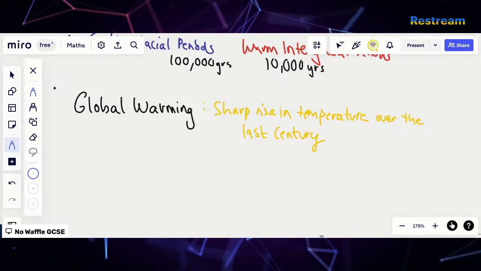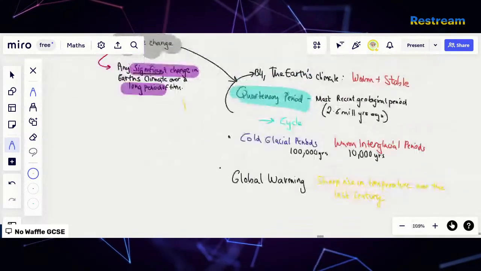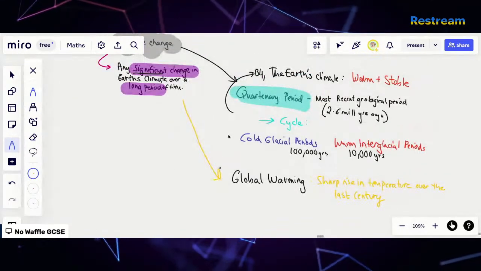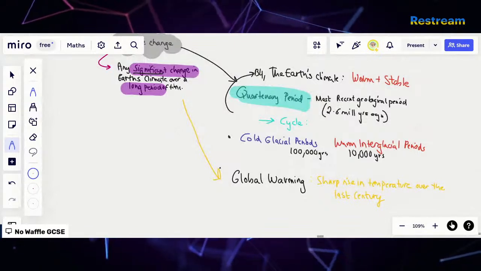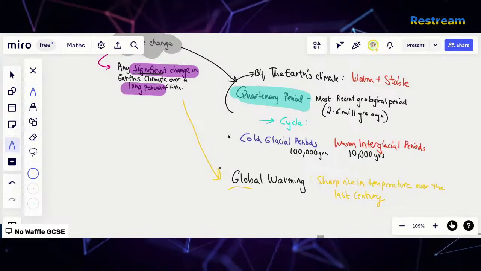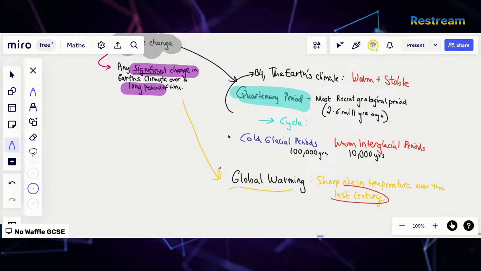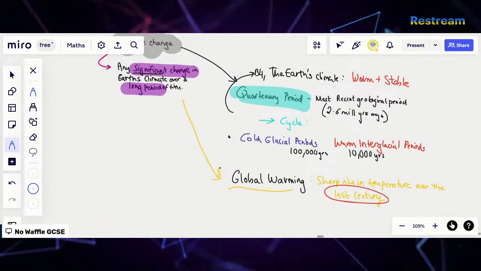So global warming is actually a type of climate change. Remember, we said climate change is any significant change in the Earth's climate for a long period of time. And we note that a type of climate change is global warming because we've seen a sharp rise in temperature over the last century.